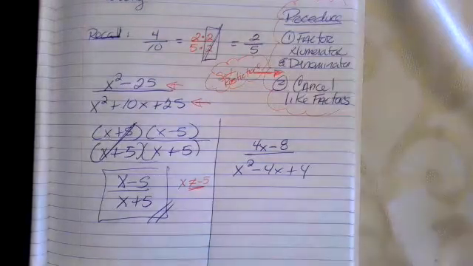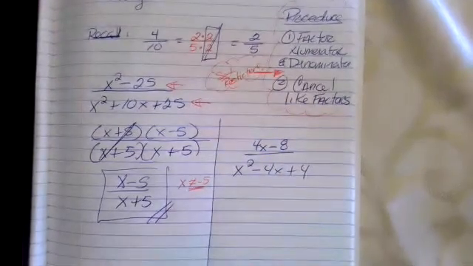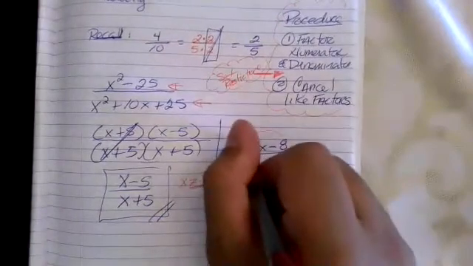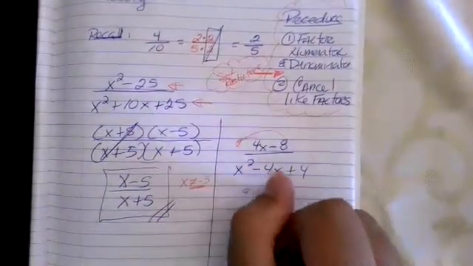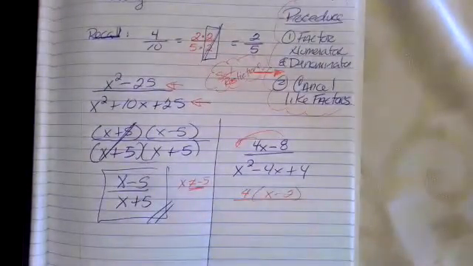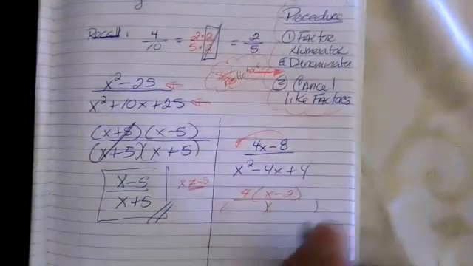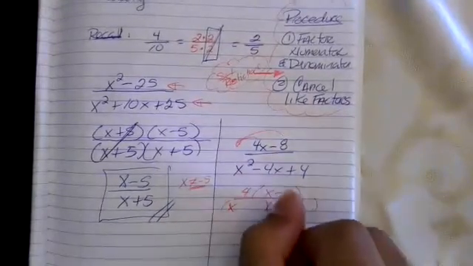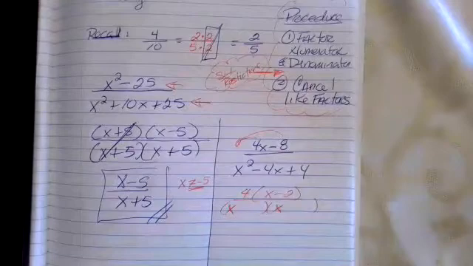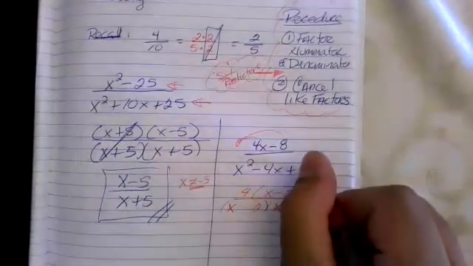In this example, we want to factor and cancel. So up top, my first step for factoring is always look for a GCF. Looks like I could take a 4 out. That would leave me with x minus 2. On the bottom, there's no GCF. This is a trinomial with a leading coefficient of 1. So I know x times x gives me x squared. 2 times 2 gives me 4.